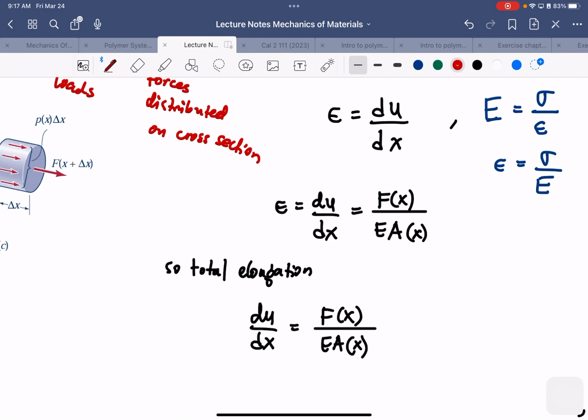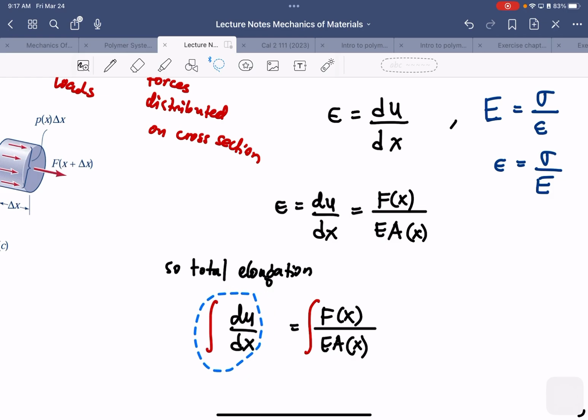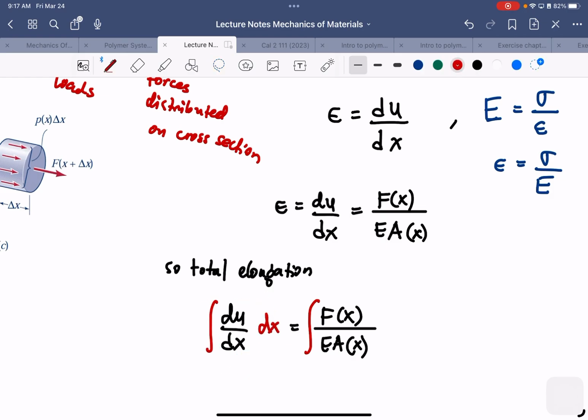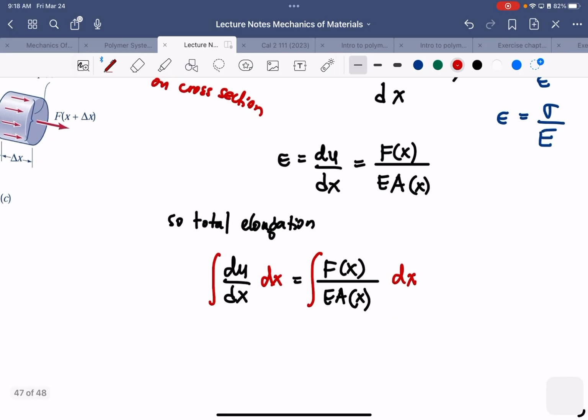So we take the integration with respect to dx. This will be du, which gives u, but let me write the total elongation as e.